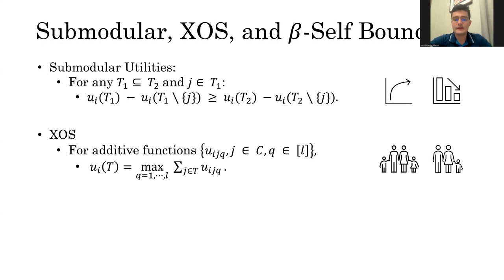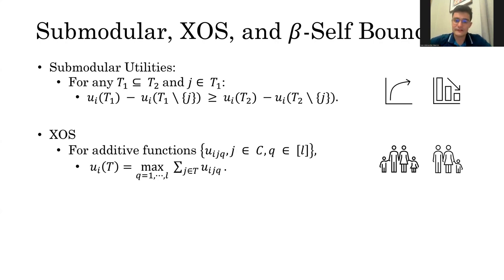XOS utilities can be defined as taking the maximum value across multiple additive utility profiles. Or in other words, if one of my family members is happy, I'm happy too. An example for this could be parents that rate highest the projects that yield the highest utilities for their children's education or for making their commute to work the shortest.